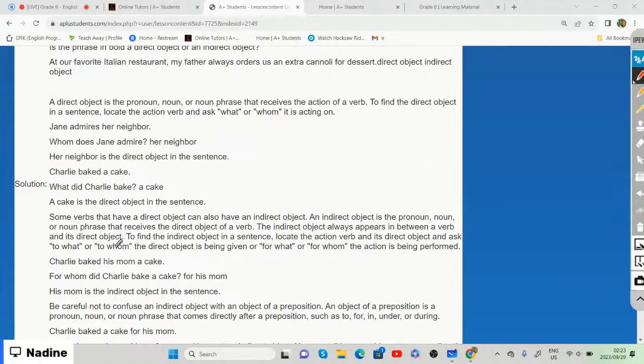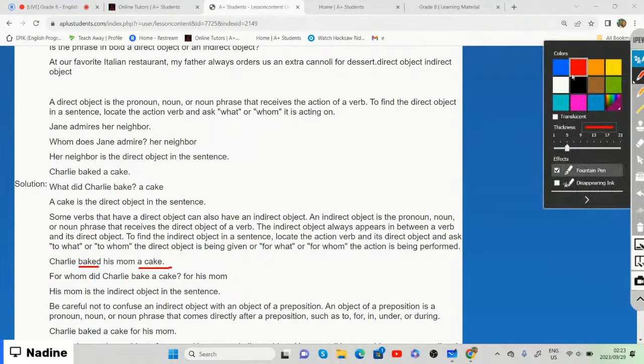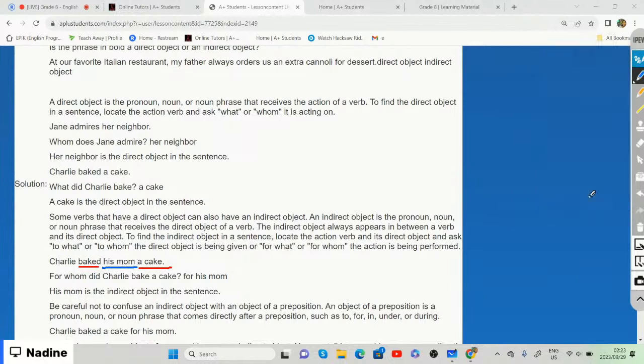So in the sentence Charlie baked his mom a cake, there's baked, there we have our direct object, and whatever is in between is his mom. So for whom did Charlie bake a cake? For his mom. So his mom is the indirect object within the sentence.